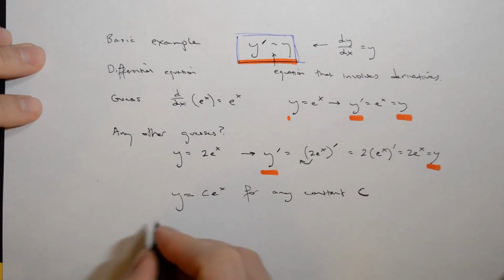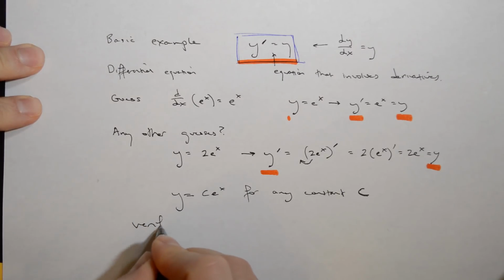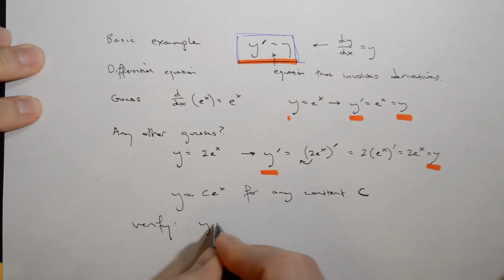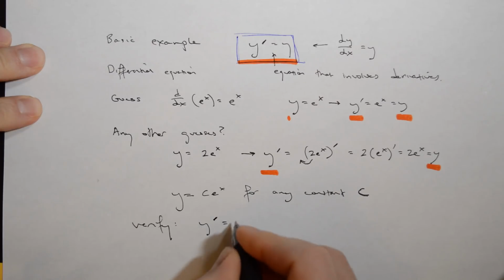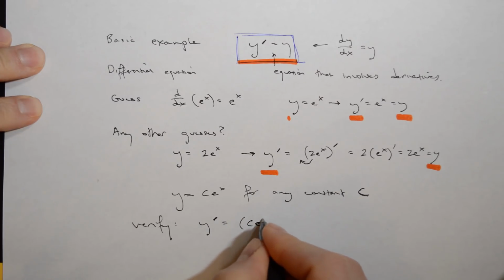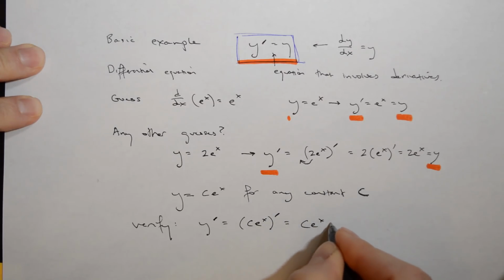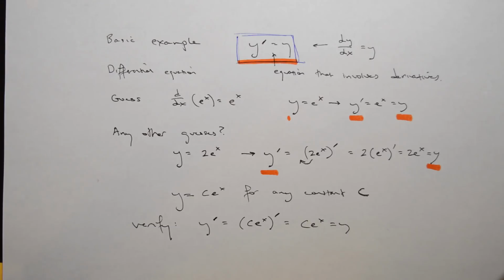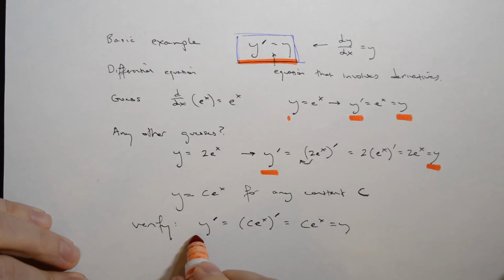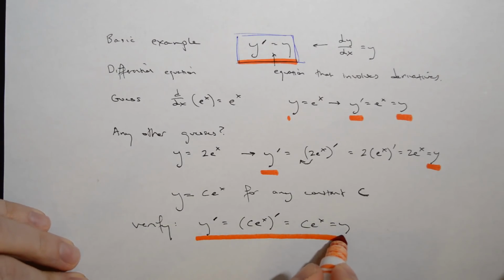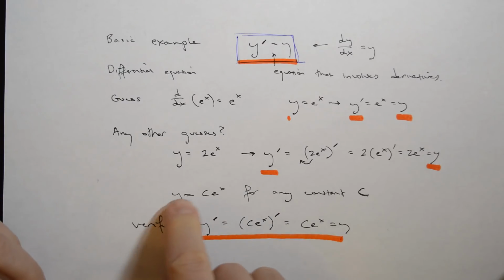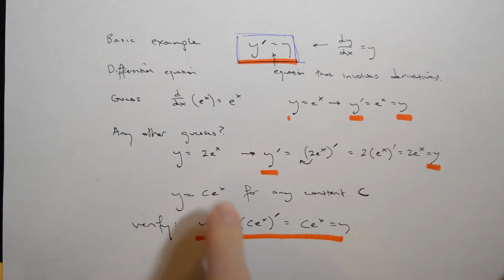Well, indeed, we can verify that y prime equals the derivative of c e to the x, which is equal to c e to the x, which is equal to y. And so we see that y prime is equal to y for any function of the form y equals c e to the x.